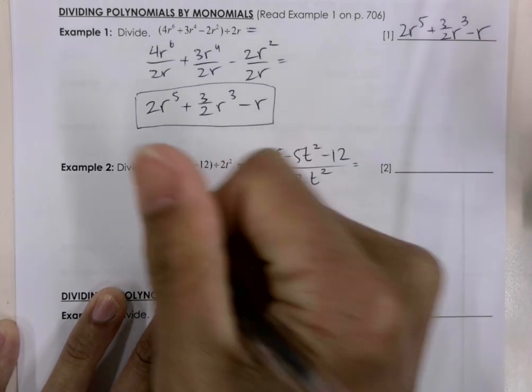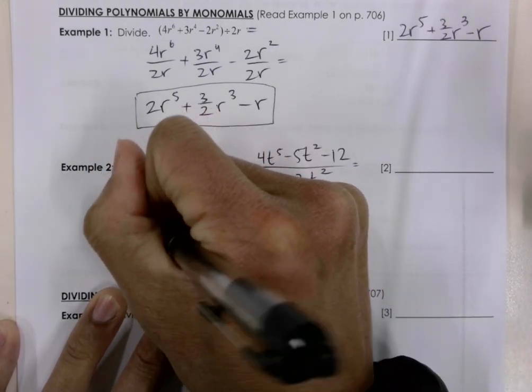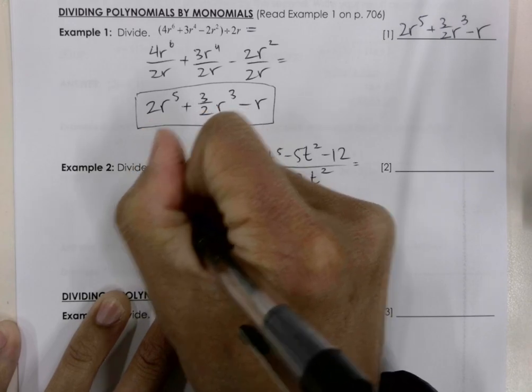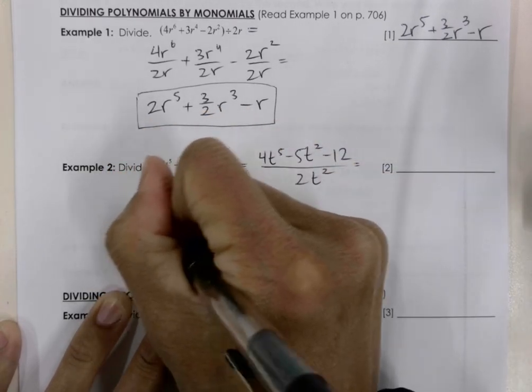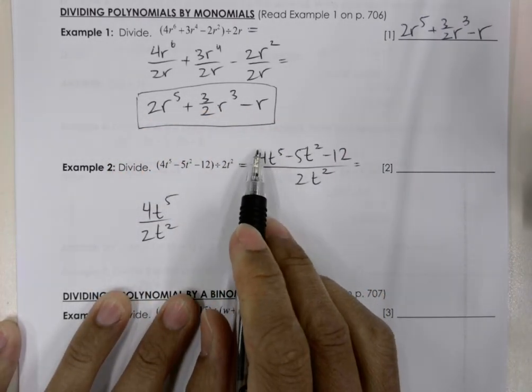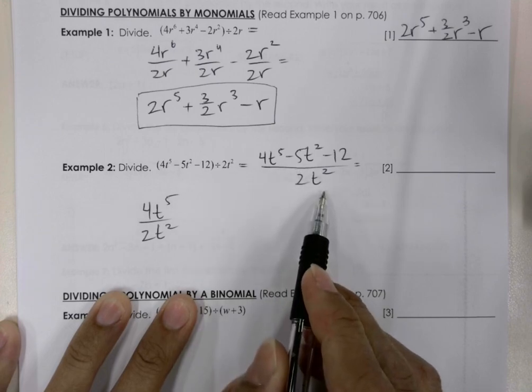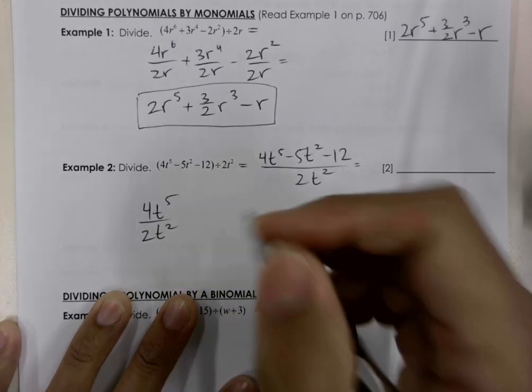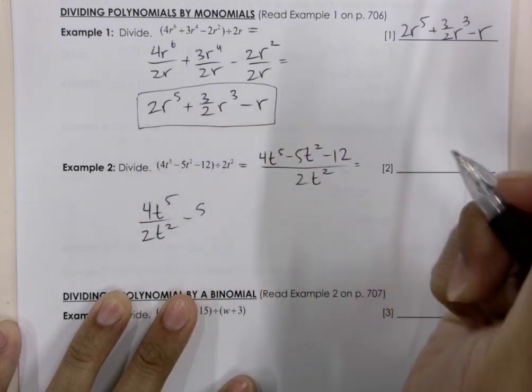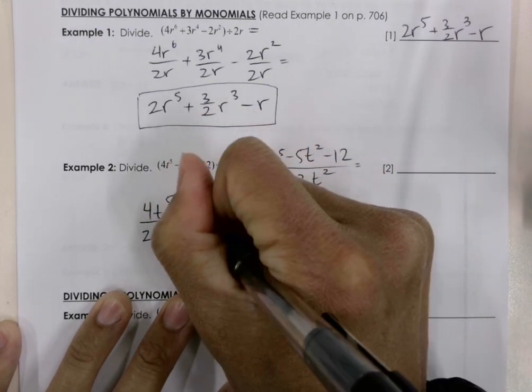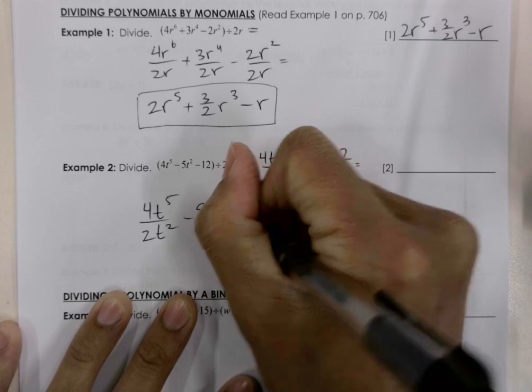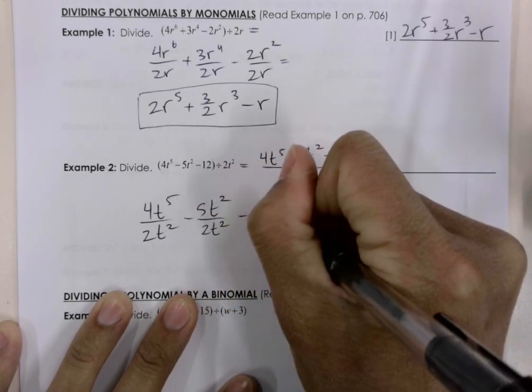So we can say 4t to the 5 over 2t squared. That's the first term divided by the monomial. And then we're going to do the second term, minus 5t to the 2 over 2t squared, minus 12 over 2t squared.